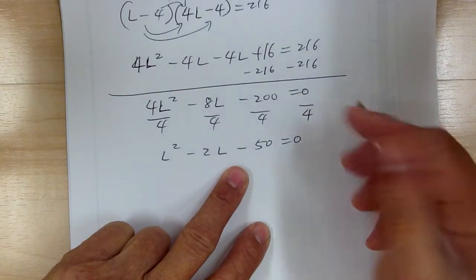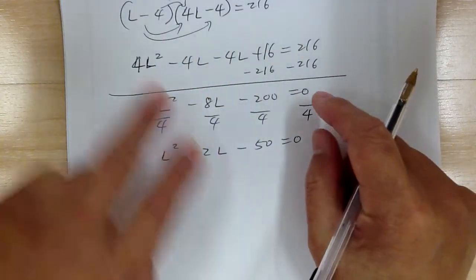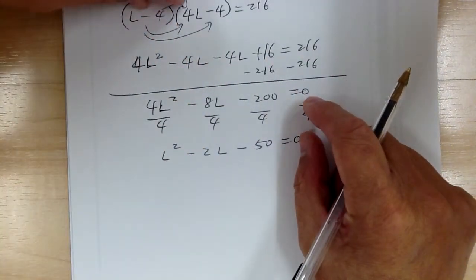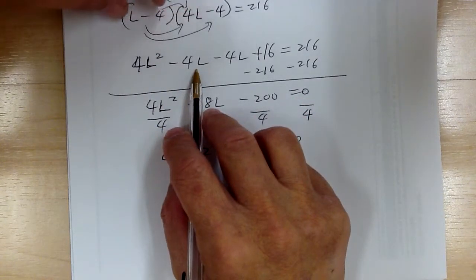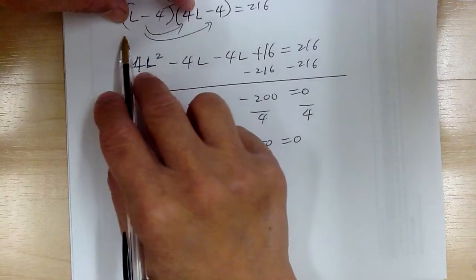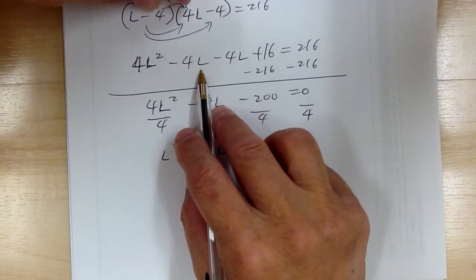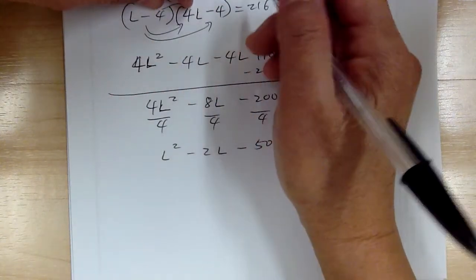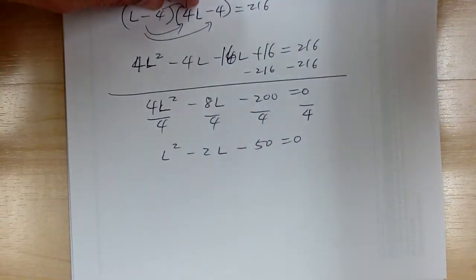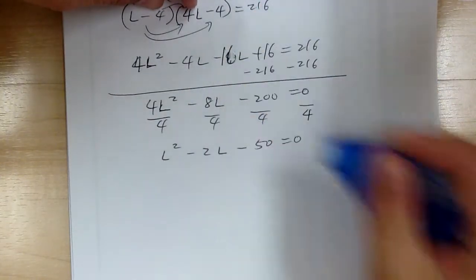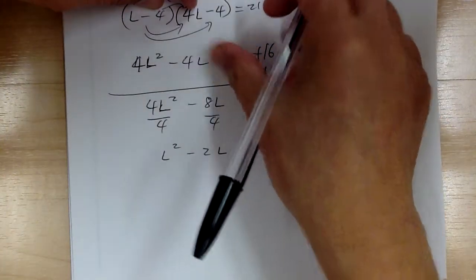Okay, 4L squared. Oh, no, wait, hold on. So this is, okay, 4L. Double check, make sure multiplying correctly. Okay, this should be a minus 16L. Yes, didn't multiply correctly, so you have to watch. Be careful on how you multiply.